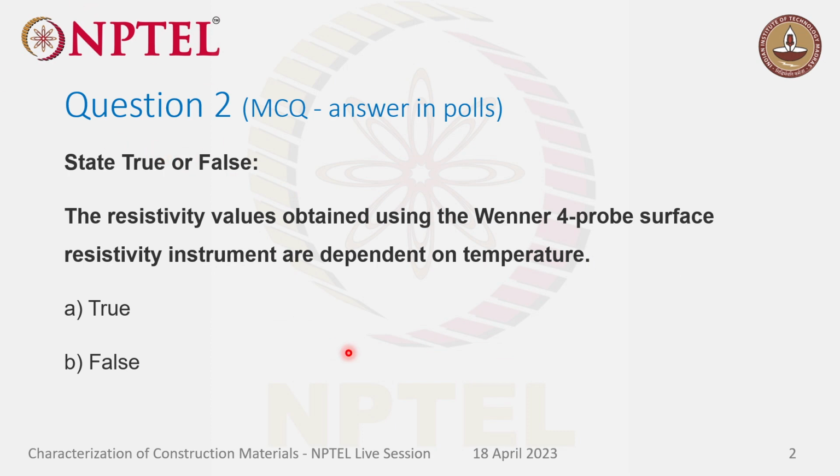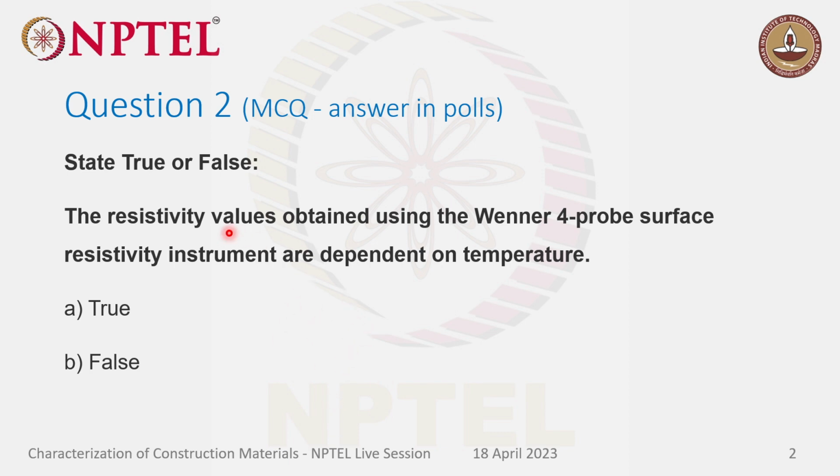Before going to resistivity, we can discuss conductivity. When there is an increase in temperature, there will be an increase in conductivity, right? If there is an increase in temperature, the movement of ions increases, so conductivity will be high. In the same way, if there is an increase in temperature, obviously the resistivity will decrease.